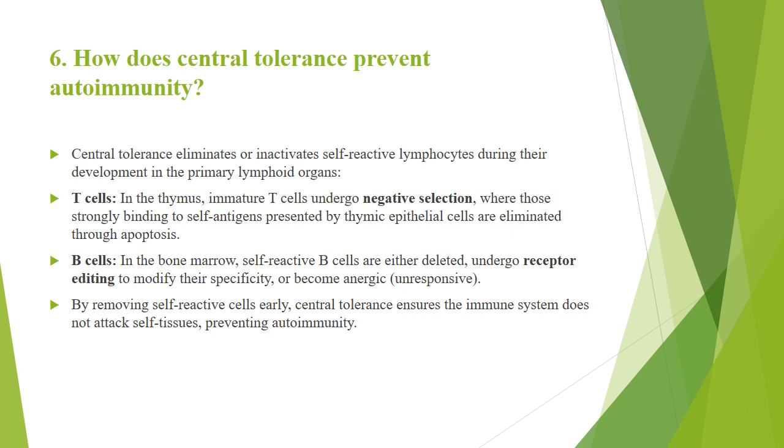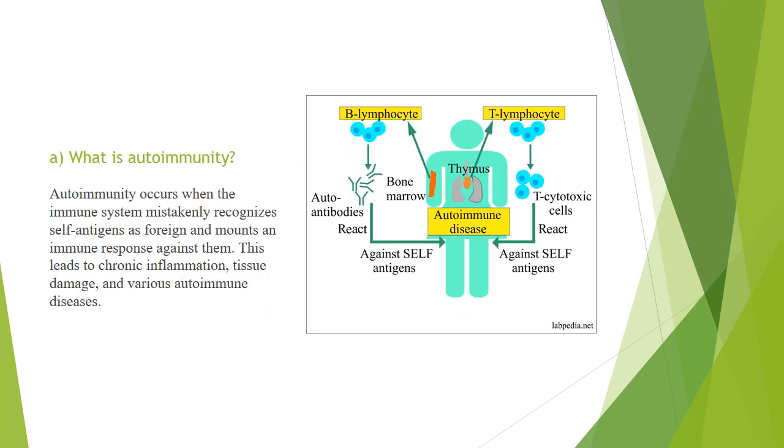As you can see on this slide, T cells in the thymus undergo negative selection, where those binding strongly to self antigen are eliminated. In the bone marrow, self-reactive B cells either undergo receptor editing to modify their specificity or become anergic.